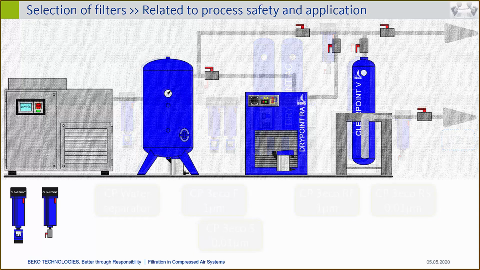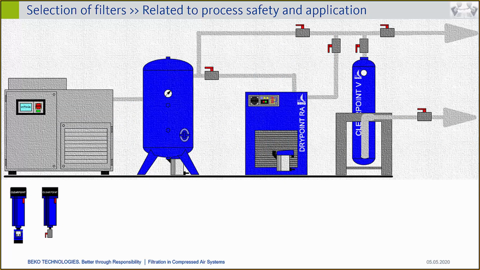Another example is the next installation, which comes with two different quality classes on the way to production. Again, here we have the receiver, now the fridge dryer with the integrated drain, and an activated carbon tower. The compressed air flowing from the fridge dryer directly to the application has the quality class 2.4.2.